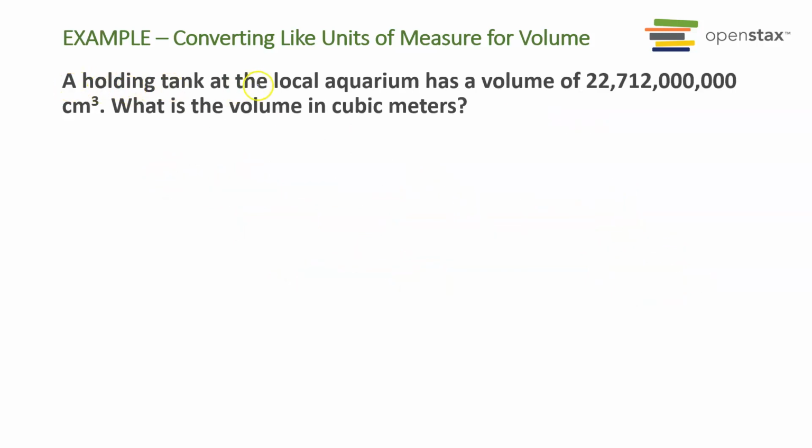Well, let's see. A holding tank at a local aquarium has a volume of 22,712,000,000 cubic centimeters. So what's the volume in cubic meters, which makes a lot more sense to have it given in?